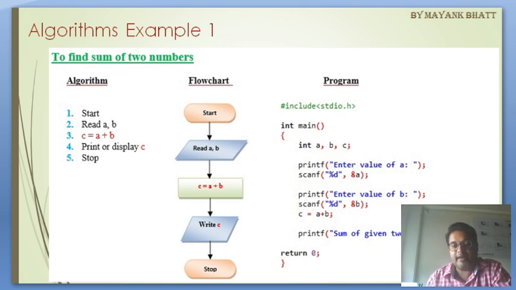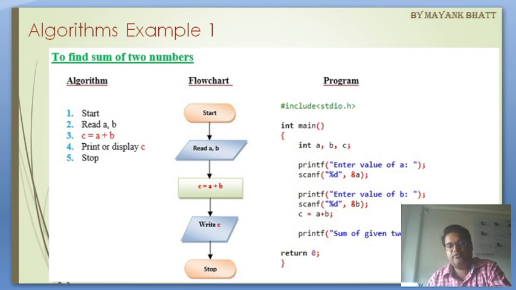Then we write the logic, which is c equals a plus b, and after the execution, the added value will be stored in a new variable called c, and that c variable will be our output, which we can print or display as needed. Then we must stop the algorithm. So this is the basic structuring of pseudocode.